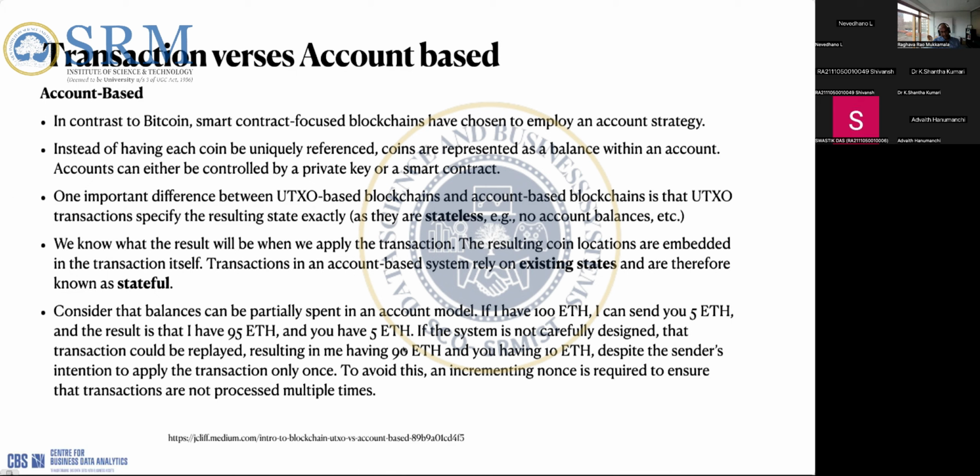Then the first party is left with 90 ethers and the second party has 10 ethers, right? That's happening because account-based ledgers are not stateless. They are stateful, so you also need to think about whether the smart contract has been executed or not. All these things have to be taken care of while designing account-based ledgers.